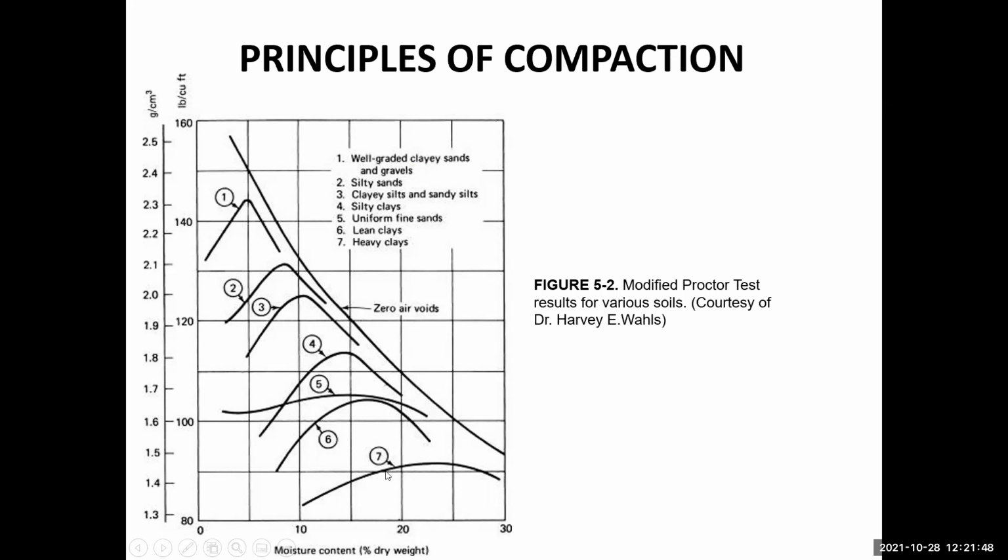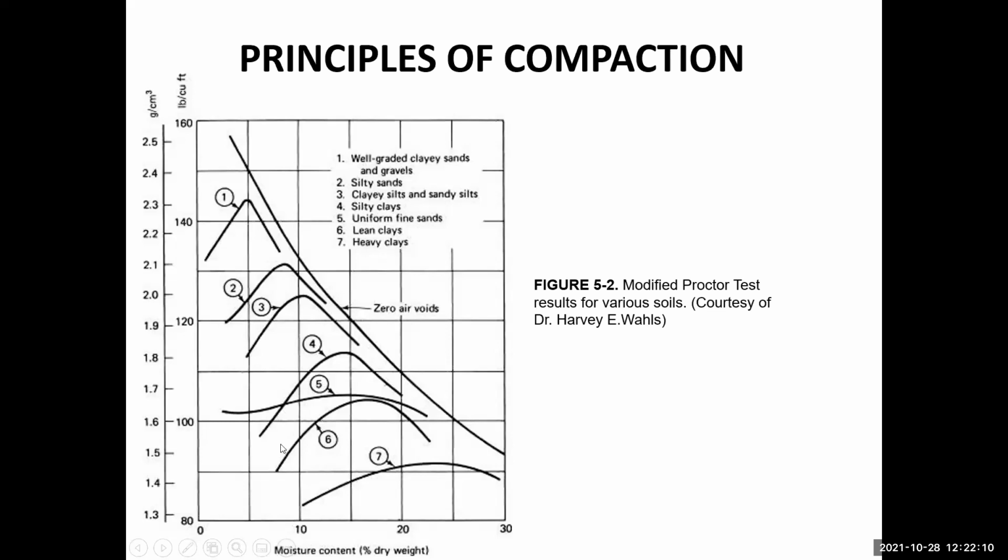But on the other hand, we have this curve for number 7. So you can see that we are not achieving a very high amount of density. And the increase in the density with the different moisture contents is also not very sharp compared with that. So what is this curve? These are called the heavy clays.